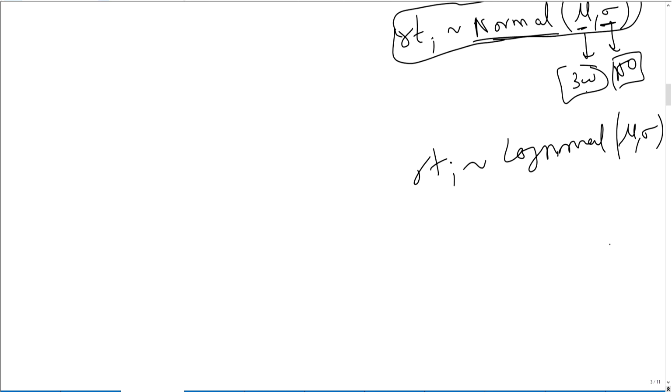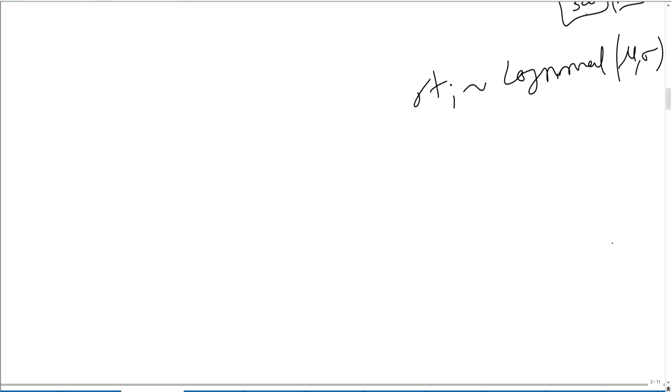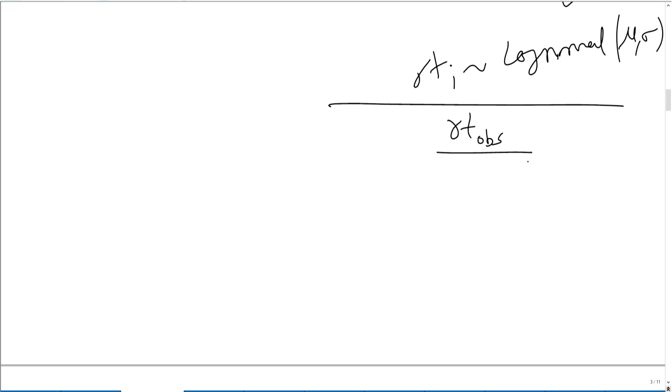Okay, how to do it in principle? Let's say this is your actual data, RT obs. Now your likelihood assumption here, when you assume a normal likelihood, is RT i comes from normal mu sigma.